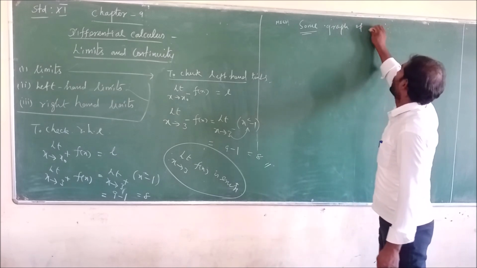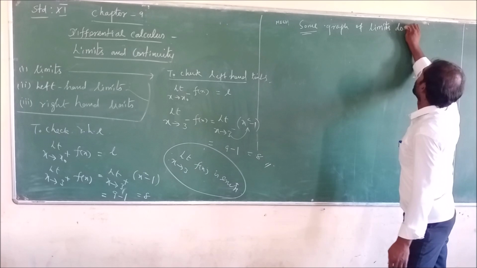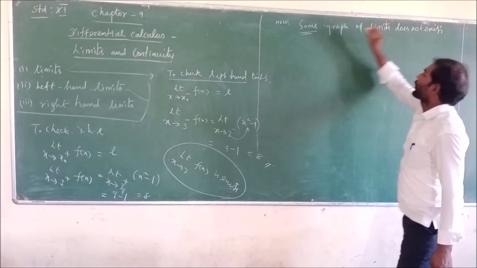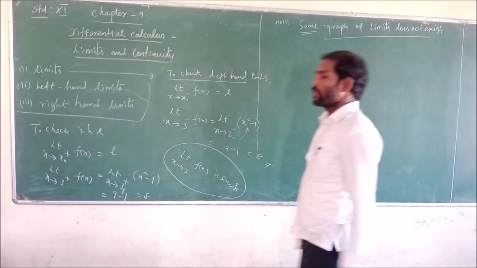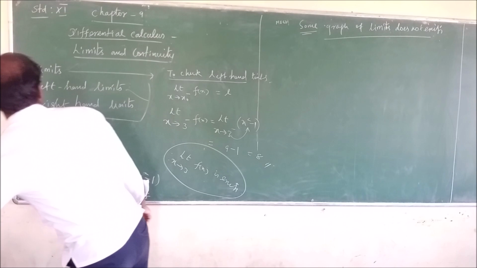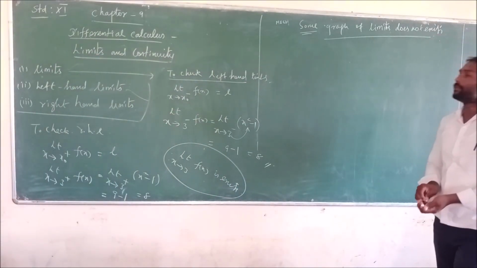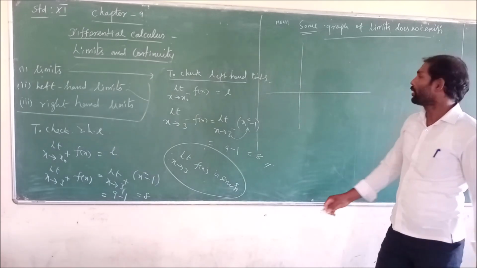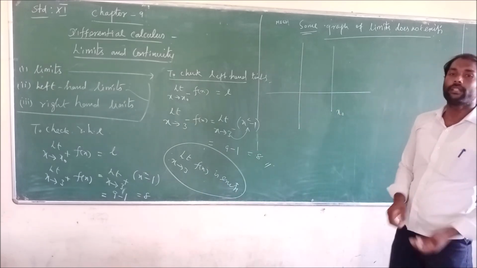Graph of limit does not exist. Some graphs where the limit does not exist. Which one does not exist? For example, draw the x, y graph. x naught is the point.